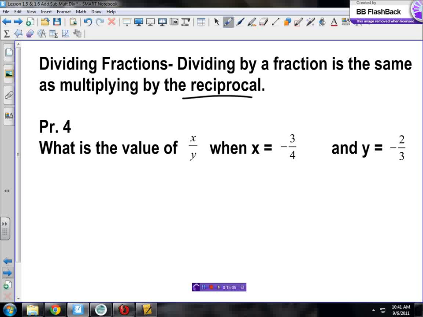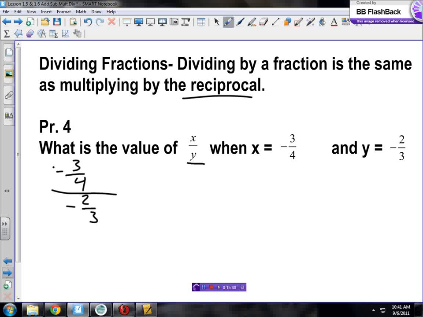All right, so here I have x divided by y. X is negative 3/4. Y is negative 2/3. So what this looks like is negative 3/4 divided by negative 2/3. Does that look ugly? Yeah, it does. But do you see how this is a fraction divided by a fraction?